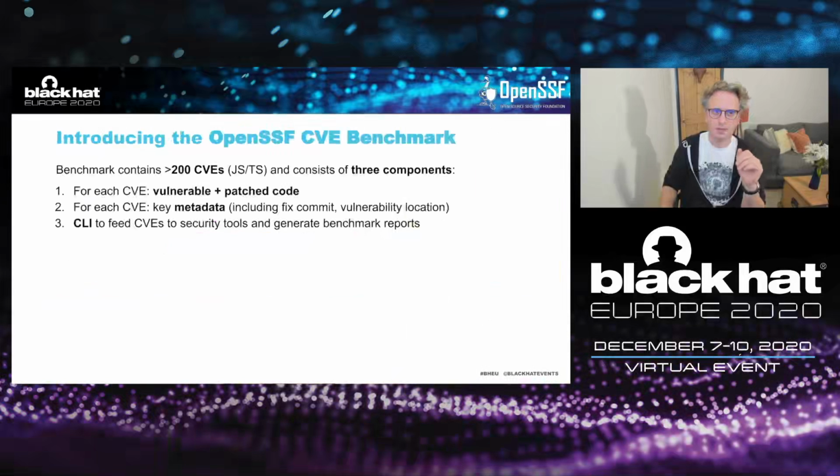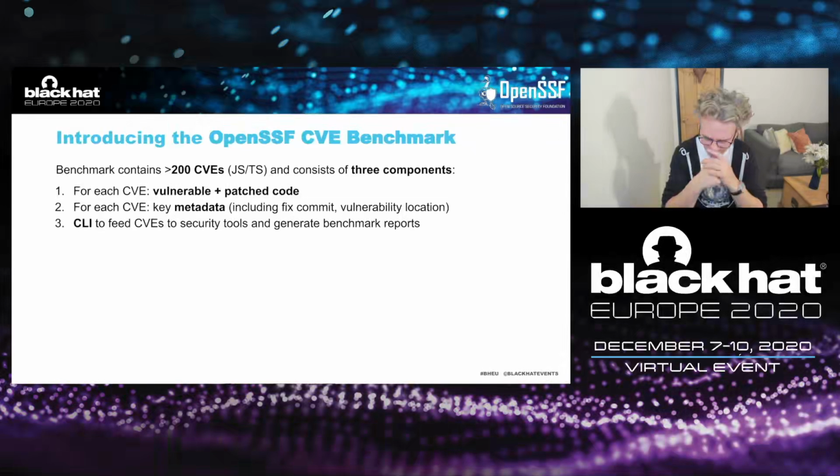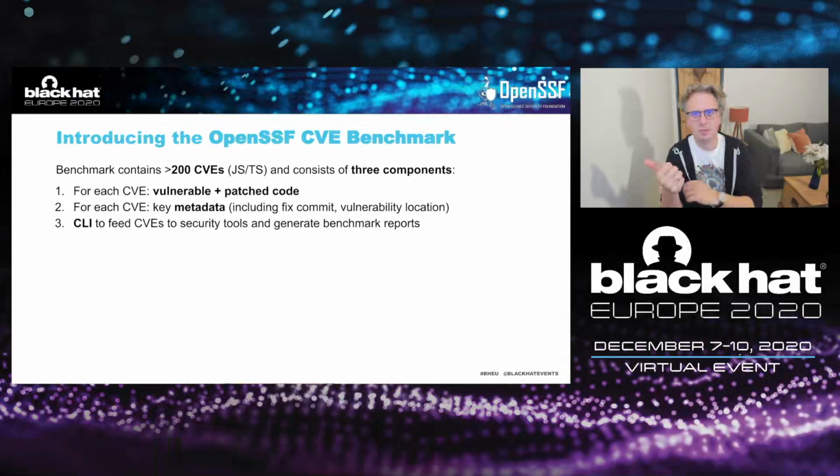And here are the details. Our current benchmark contains over 200 JavaScript and TypeScript CVEs in open source projects. And it consists of sort of three components. For every single one of those CVEs, we have source code, both vulnerable and patched code.